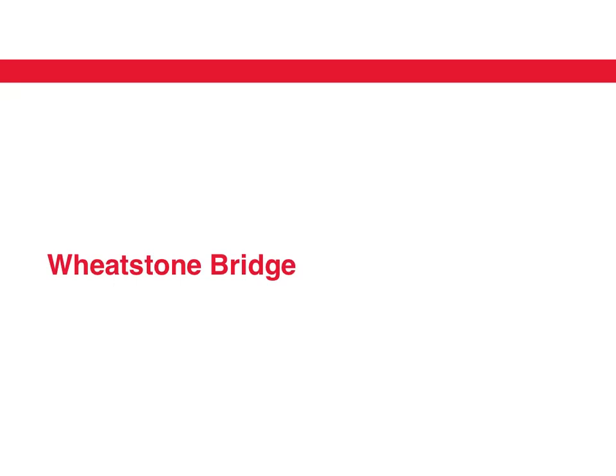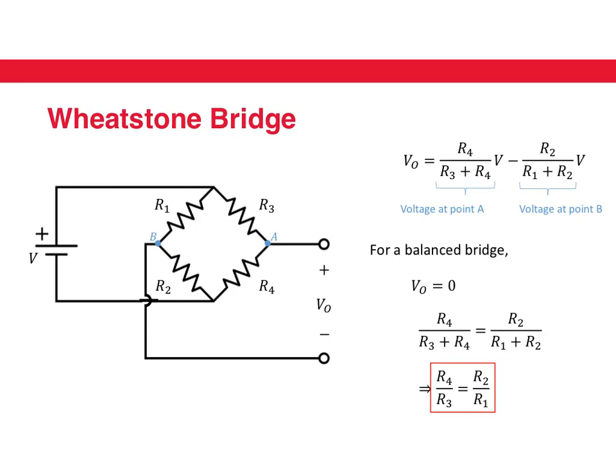What's a Wheatstone bridge? A Wheatstone bridge is essentially a circuit as shown here, and it has two voltage dividers in it. So think about this, R1 and R2 make a voltage divider, and similarly R3 and R4 make a voltage divider. And the power supply for both the voltage dividers is the same.